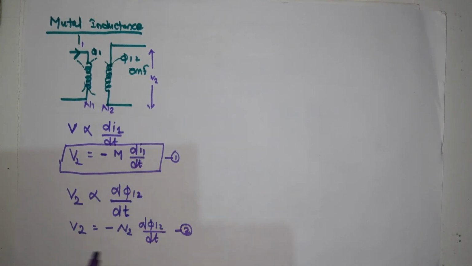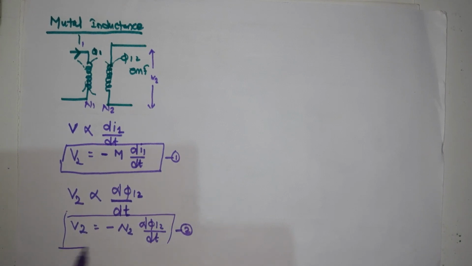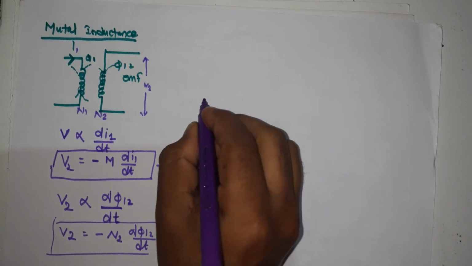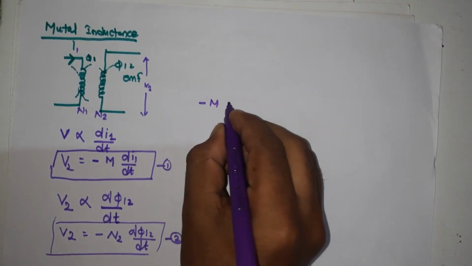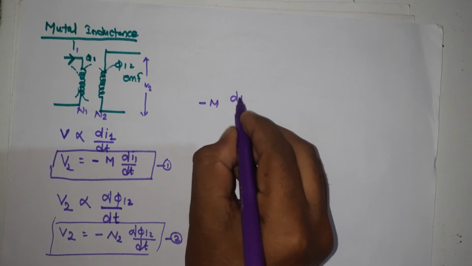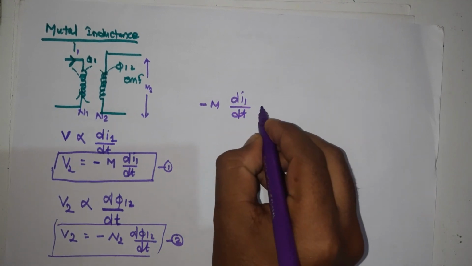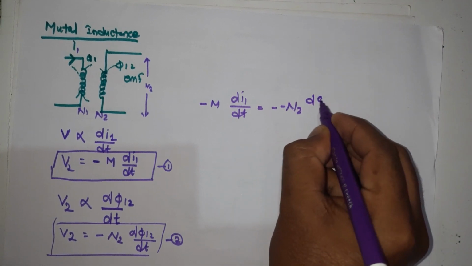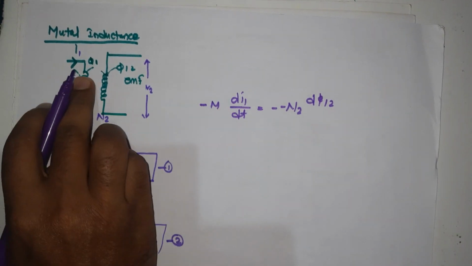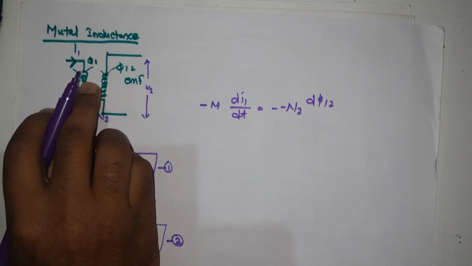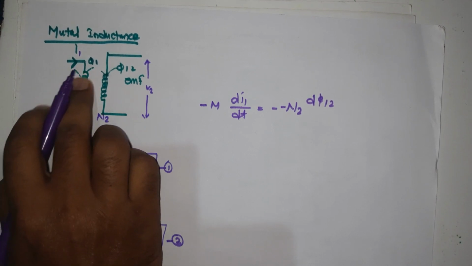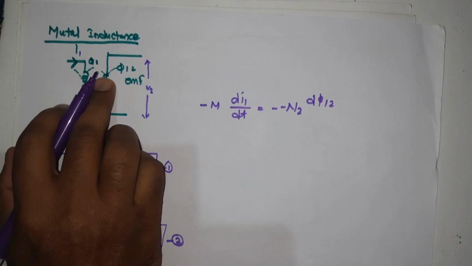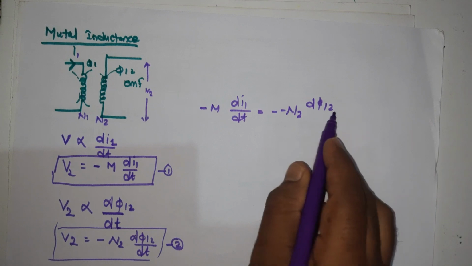If you compare these two equations, we get minus M dI1 by dt equal to minus N2 d phi 1 2 by dt. The flux from coil 1 is linked to coil 2, so we mention this phi 1 2.